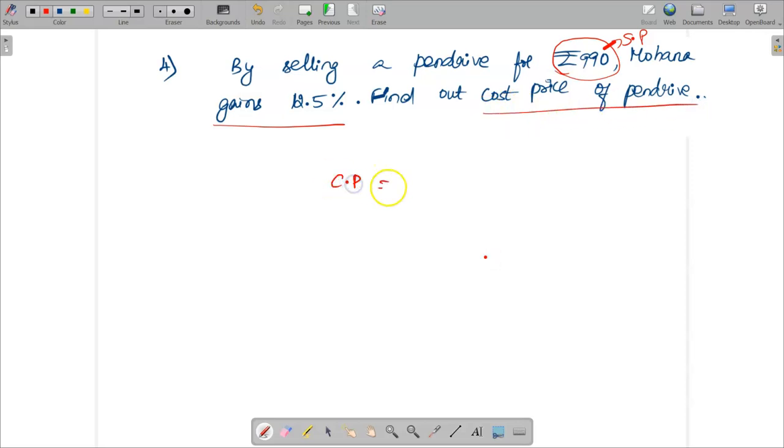So the cost price formula is 100 divided by 100 plus the gain percentage. If they have given the gain percentage, we have to use plus gain percentage. Suppose in the same problem they have given loss, we have to use minus loss percentage, into the selling price.